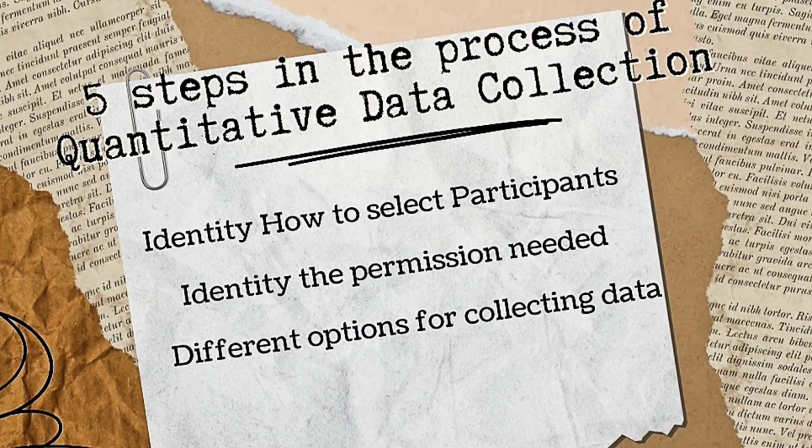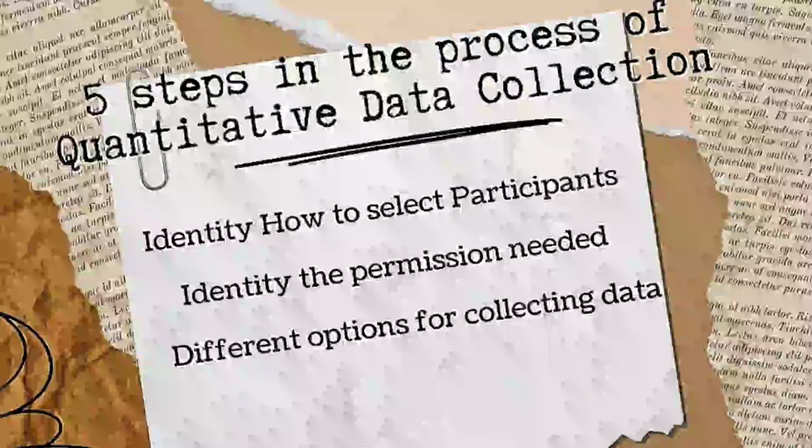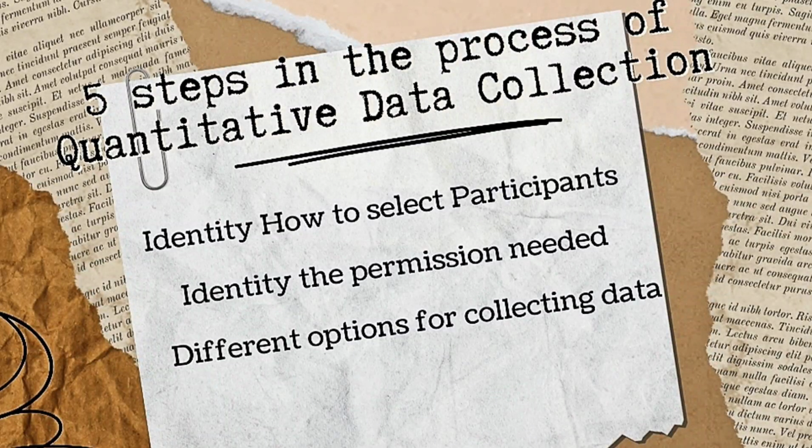This might involve getting the go-ahead from institutions, specific sites, the participants themselves, parents if they're minors, and even a university review board. Think of it like asking your friends' parents if you can hang out at their house.